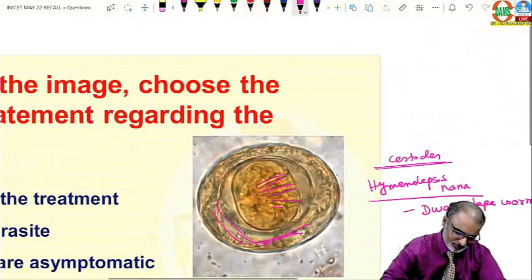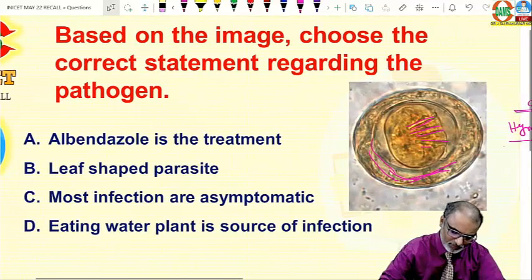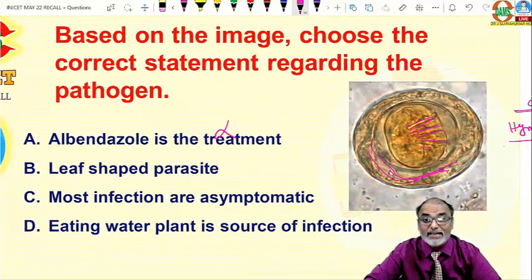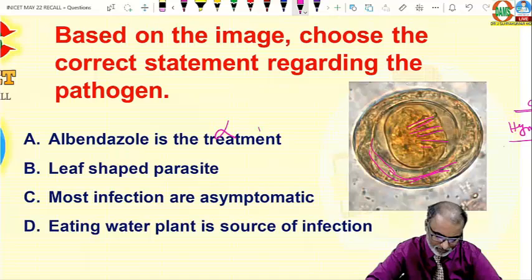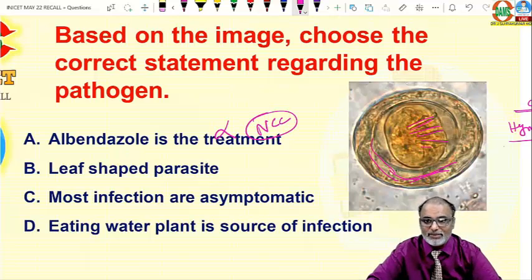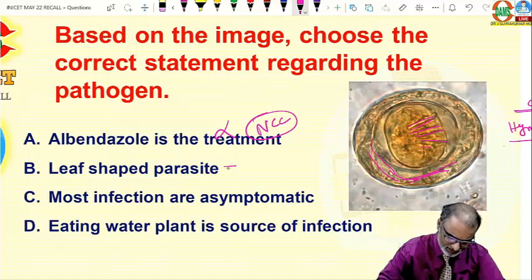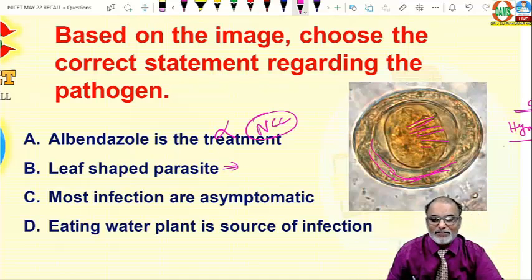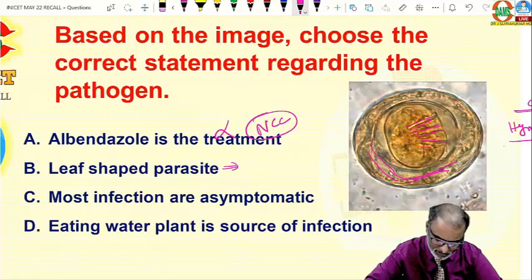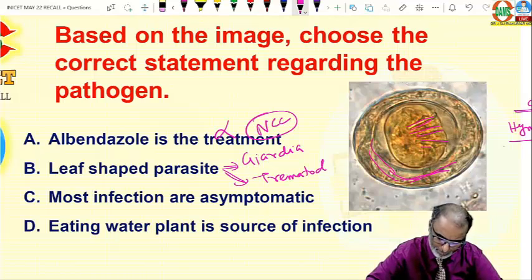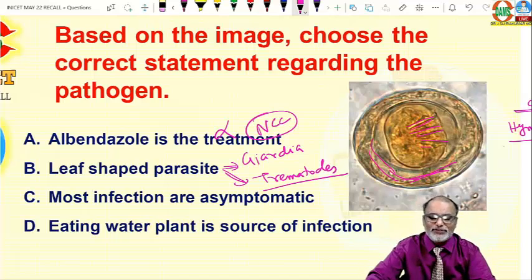See here. Albendazole is the treatment, no. Albendazole is mainly for nematodes, intestinal nematodes like Ascaris and Ankylostoma, and in cestodes we also use it, especially for neurocysticercosis. Leaf shape parasite: if you go to protozoa, leaf shape is Giardia, or many of the trematodes, which are also almost leaf shaped.